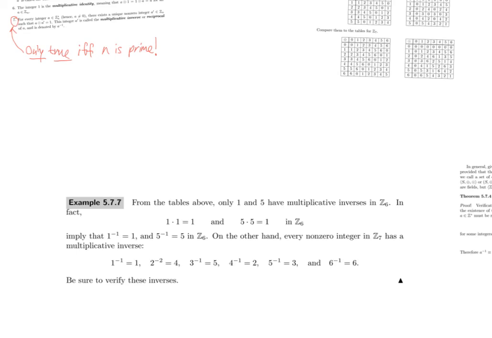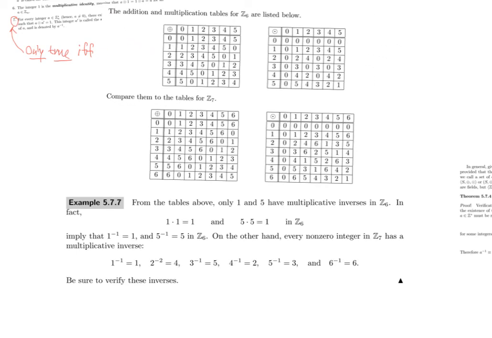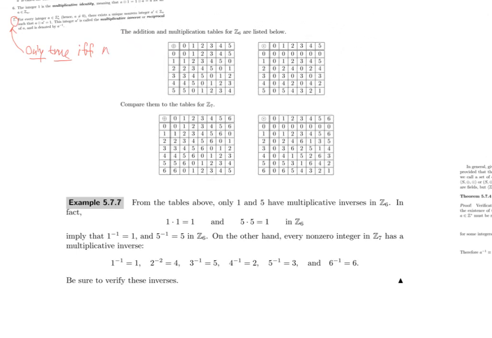So we're going to look back at the tables for Z mod 6 and Z mod 7 to consider the next example. From the tables above, only 1 and 5 have multiplicative inverses in Z mod 6. We kind of talked about that already. 5 times 5 is 1. Remember, 5 in Z mod 6 is like negative 1, so it kind of makes sense that negative 1 times negative 1 should be 1.